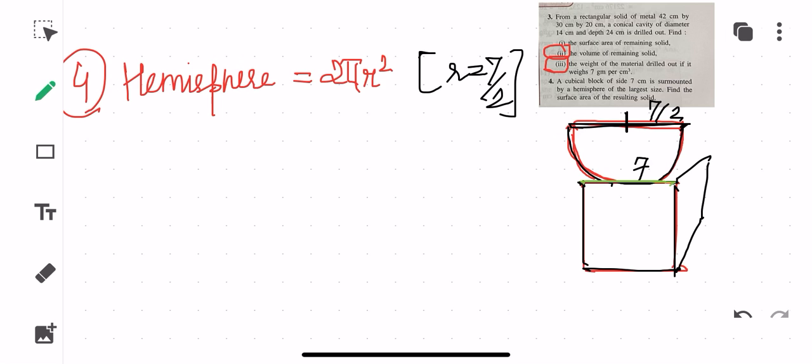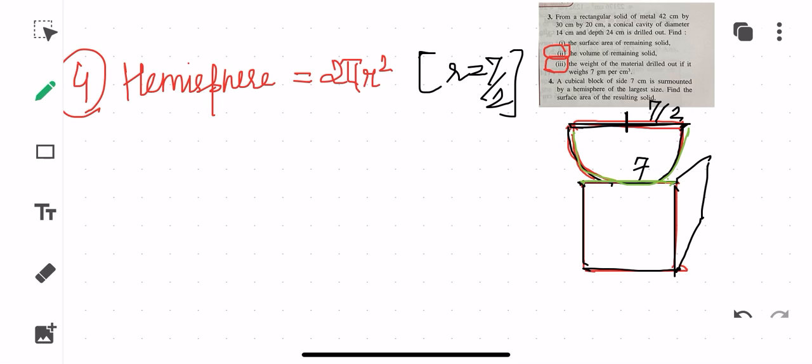So what will be the area of the base of the hemisphere? That will be equal to pi r square, because whenever this hemisphere is touching this cube, when it is kept on the top, it is actually forming a circle. So circle means what, children?